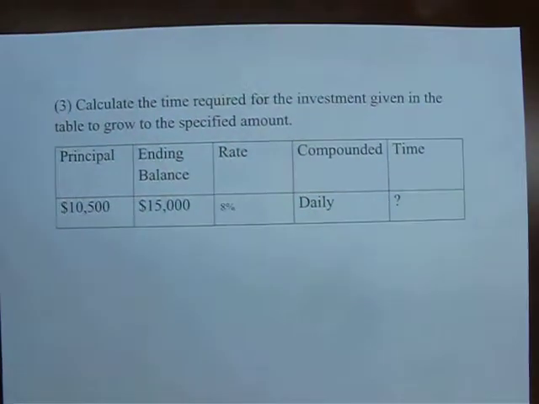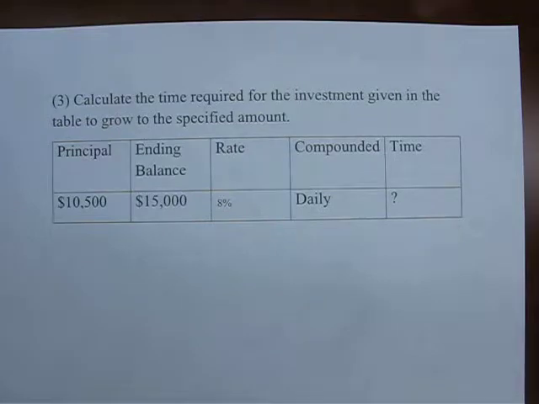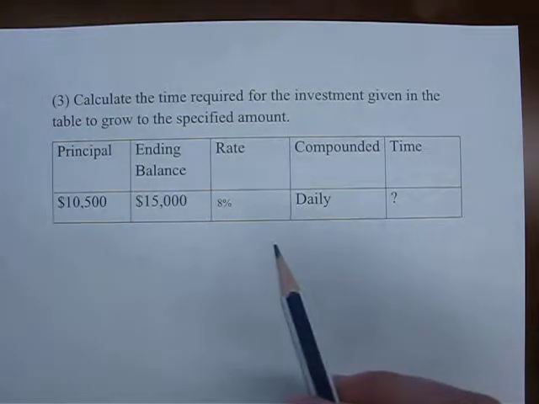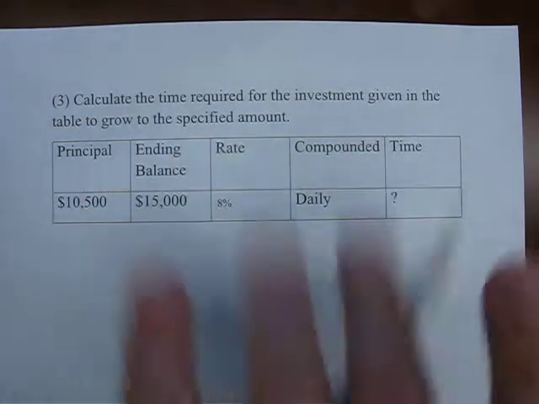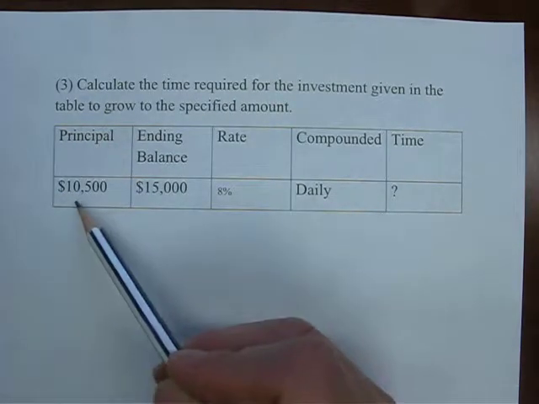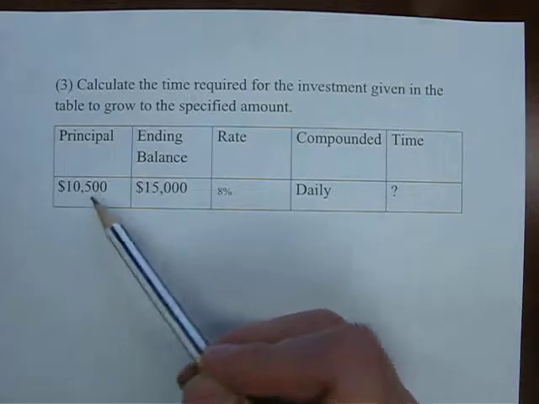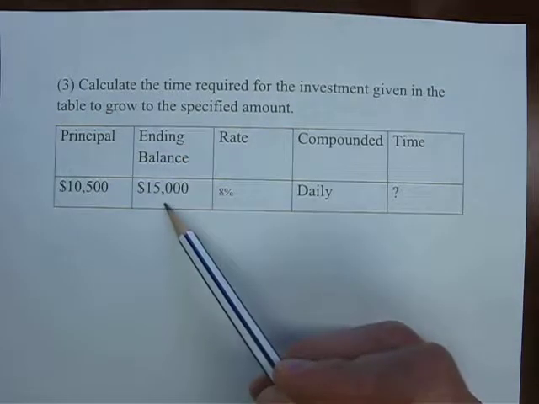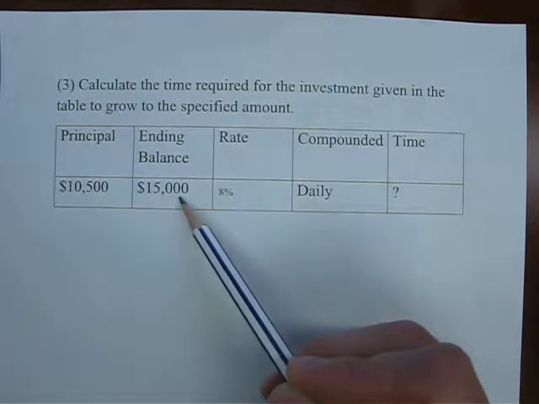All right, so check out question 3. This time, it seems like we have all the same pieces, all the same ingredients as the other problems. We have a principal that we're starting with, and apparently that grows to $15,000.